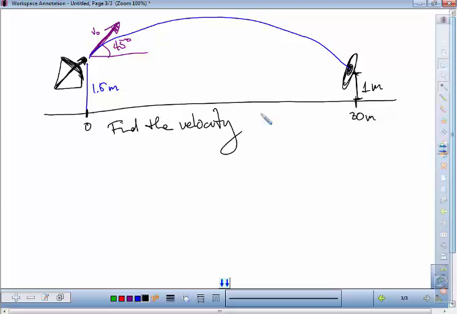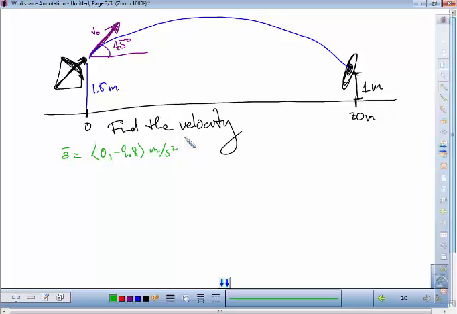Yeah, so we need vectors, right? Well, again, we'll start with our acceleration being negative 9.8. And now we need to come up with initial position and initial velocity.